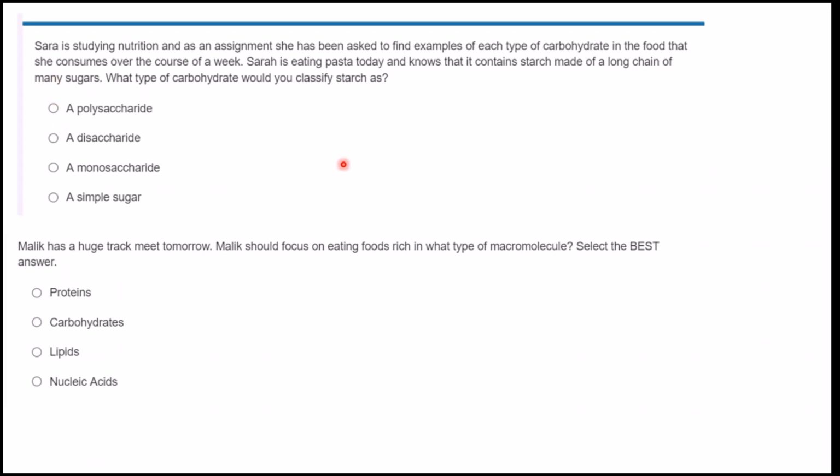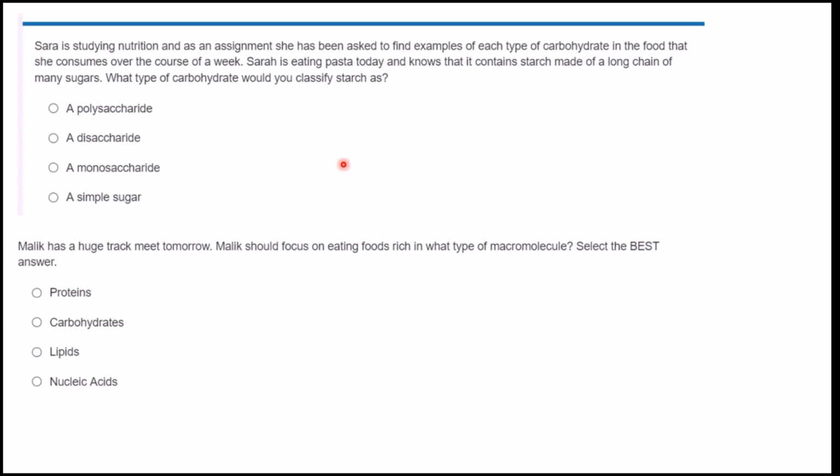Then the question says Sarah is studying nutrition, and as an assignment she has been asked to find an example of each type of carbohydrate in the food that she consumes over the course of the week. Sarah is eating pasta today and knows that it contains starch made of a long chain of many sugars. What type of carbohydrate will you classify starch as? Polysaccharide, seconded.